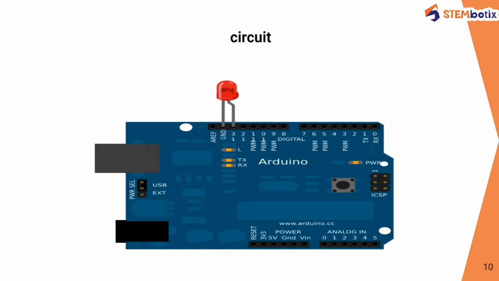Here is the circuit. This is our Arduino board, and the LED is connected to ground and pin number 13, which are the cathode and anode.